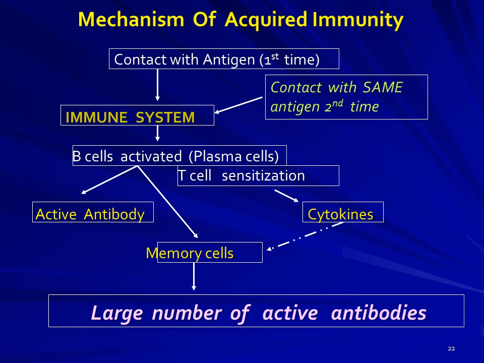Boosters stimulate the memory cells produced during the primary vaccination, and followed by the second, third, or even fourth or fifth booster doses, a large number of active antibodies are produced from the memory cells, which gives major protection.